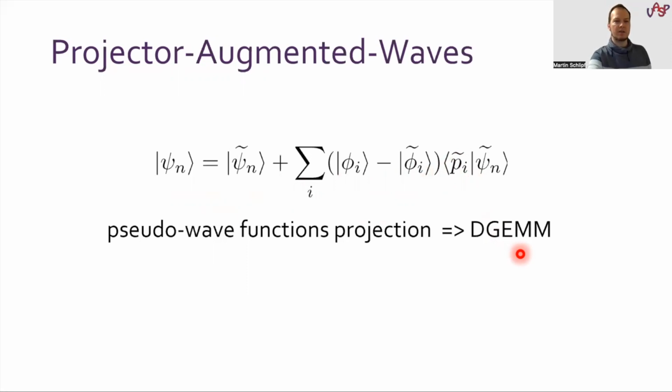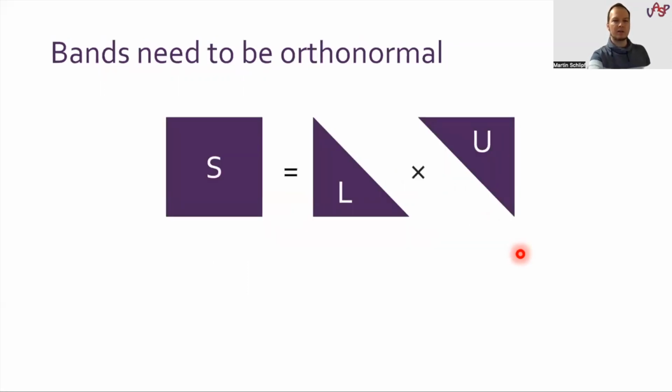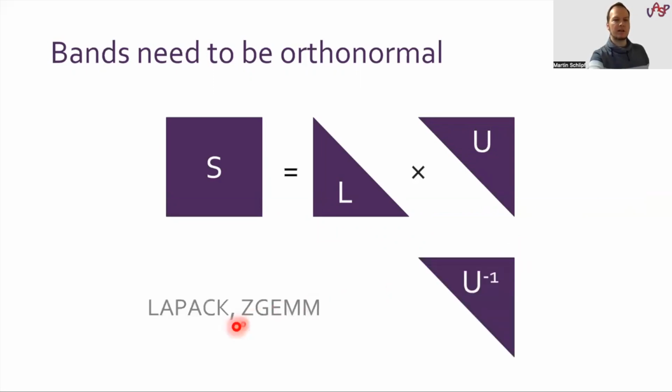Then another thing that we need is orthogonal bands. Of course, we want all our eigenstates orthogonal. So to do this, we do an LU decomposition of the overlap matrix. And to do this, we just call a LAPACK routine and then some matrix-matrix multiplication to rotate these orbitals in these spaces.